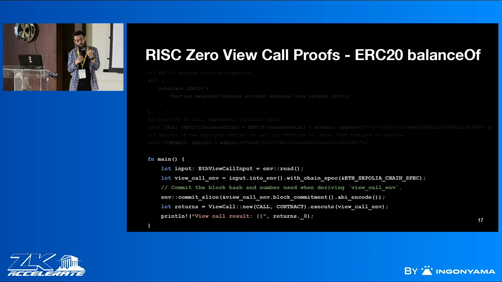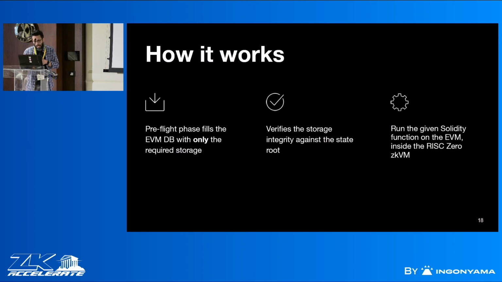But before using it, you need to make sure that all of the information has the right integrity. So you run the proof of inclusion verification for everything, with respect to the block hash, block number and the state root that you are committing to. So you verify the storage integrity, and then you run your Solidity function on the EVM inside the ZK VM. That's it.